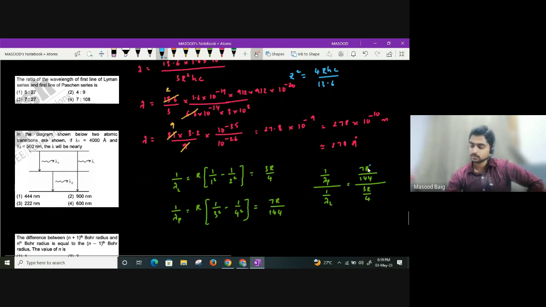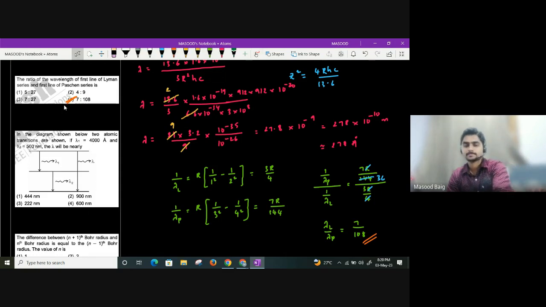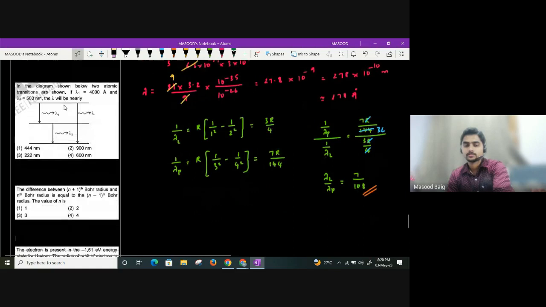You can cancel out R and R. And what are we going to be left with? 4 ones we can take. 4 sixes are 24. So lambda L divided by lambda P, I'll get as 7 divided by 36, 3 times, which is 108. So this would be the ratio of the first line of Lyman series to the first line of Paschen series. Understood everyone?